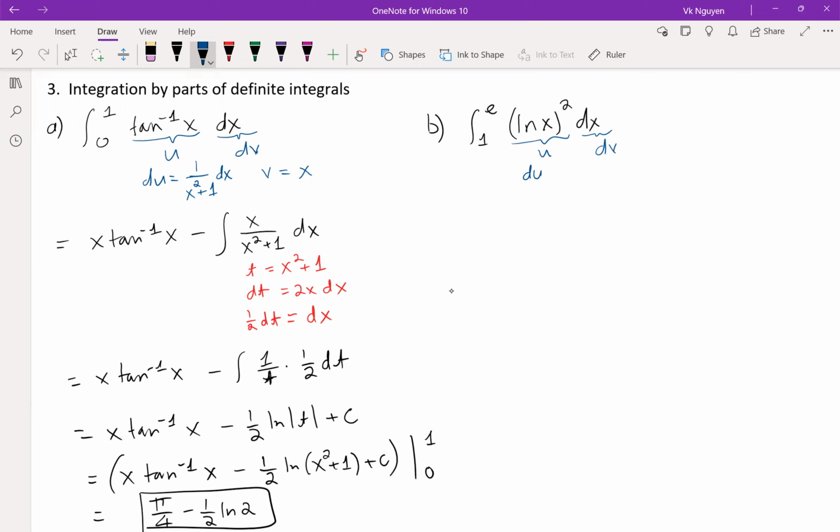So here du is, let's use the chain rule, 2 ln x times 1 over x, and dv is dx, this means v is x.